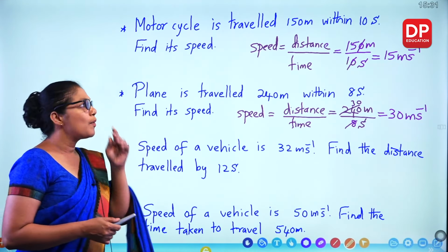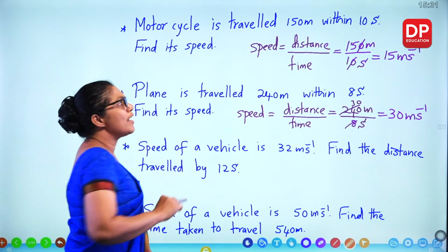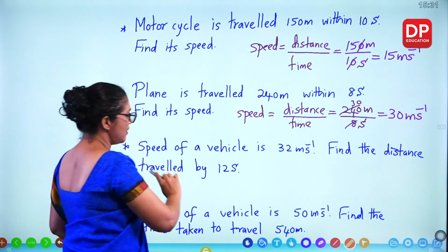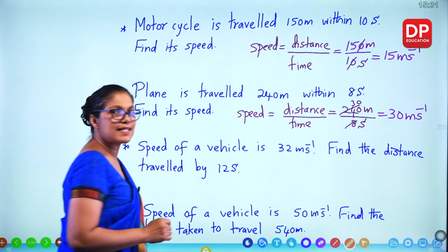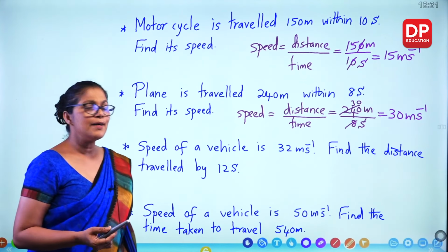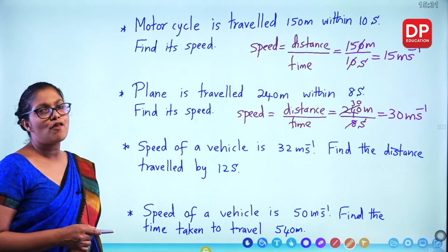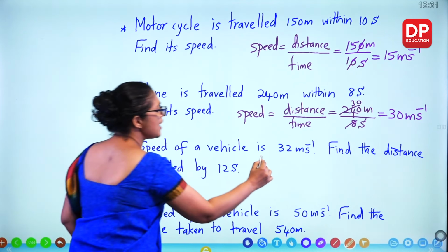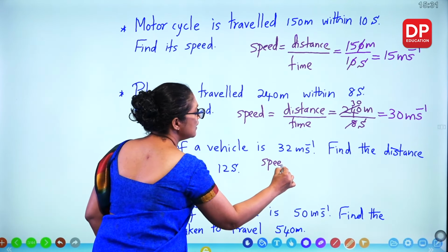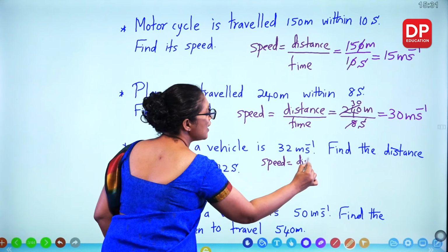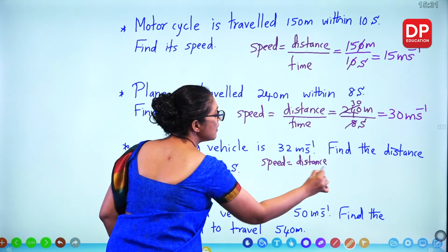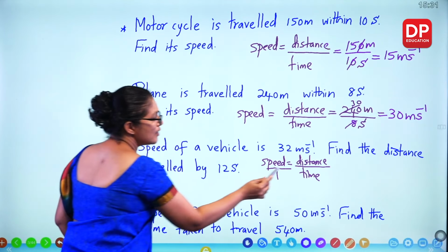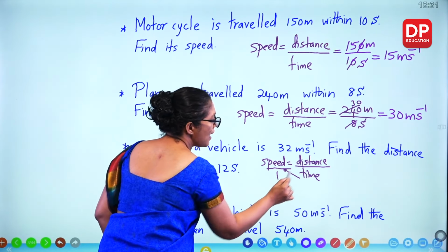Now we know the subject of the formula here is speed. But in this one, you need to find the distance. So you have to make distance the subject of the formula. So we'll first do that. When you take speed equals distance over time, you can cross multiply. If this is like 1, what is distance when you cross multiply?